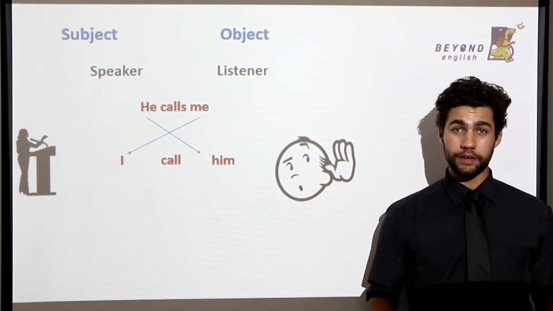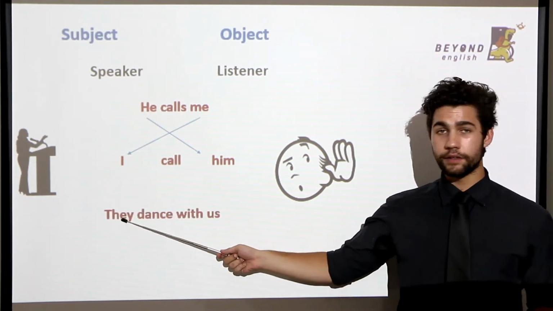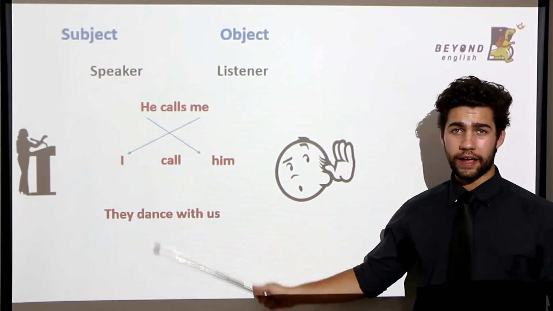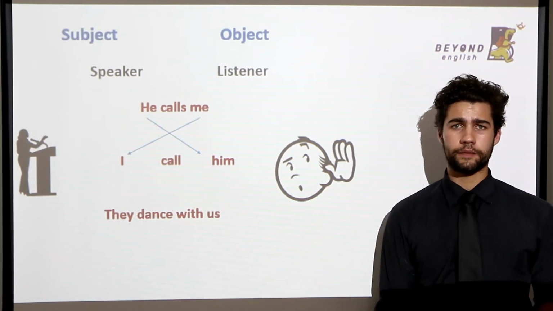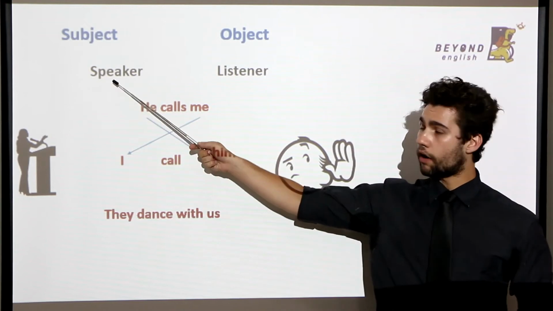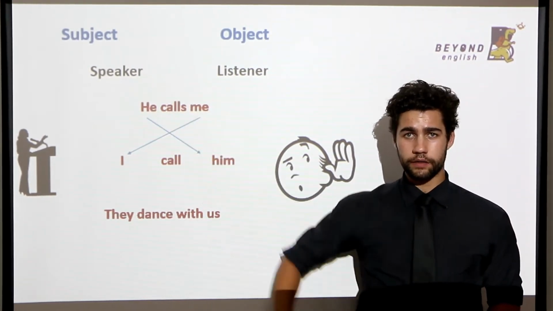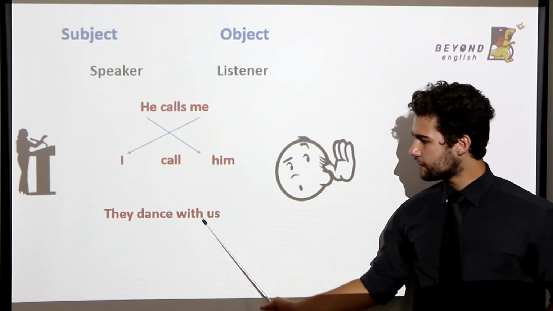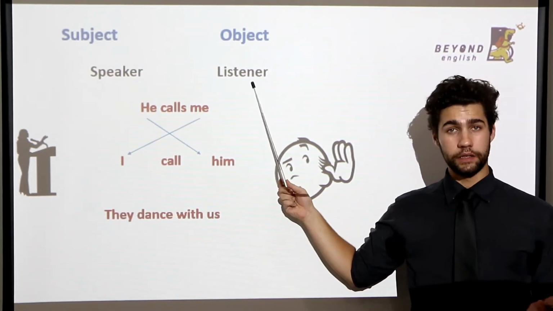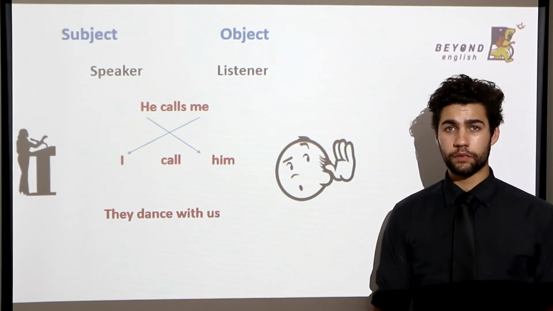Okay, let's look at another sentence. We have the sentence, they dance with us. In this sentence, they are the speaker and the subject. And us is the listener and the object.